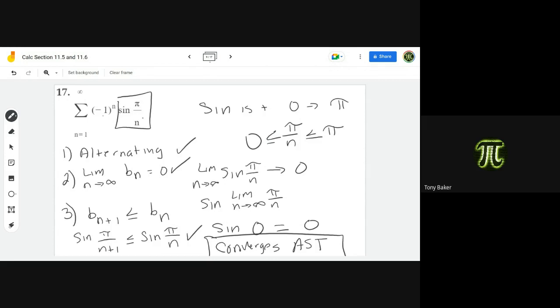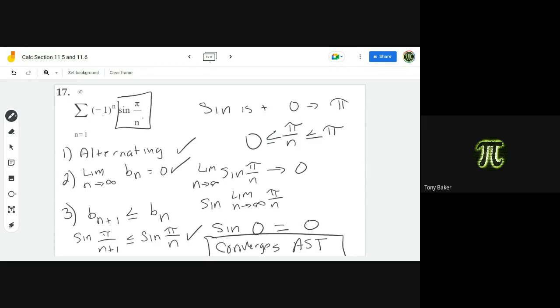Right, it only works with the sine. If it was cosine of both of these values, it would be a little different, because cosine's positive between 0 and pi over 2. Just considering the fraction part, you'd have to look at it in terms of that one. That's why when we did the cosine, we did the absolute value of it.